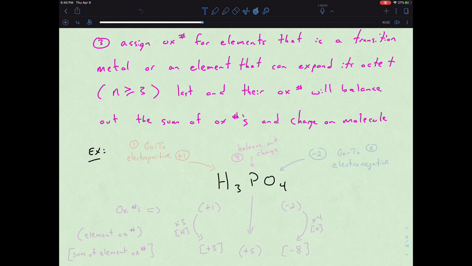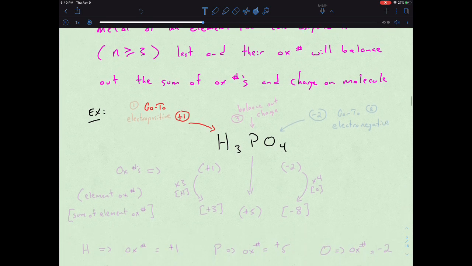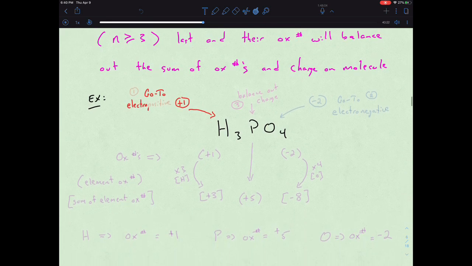So what I see is, step 1, where I would have a +1 charge, right? That would be my go-to electropositive. Hydrogen's in group 1. It's always going to have a +1 charge. If I look at oxygen, it's always going to have a -2.